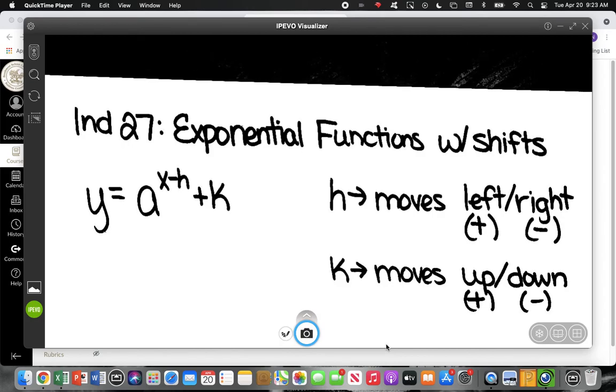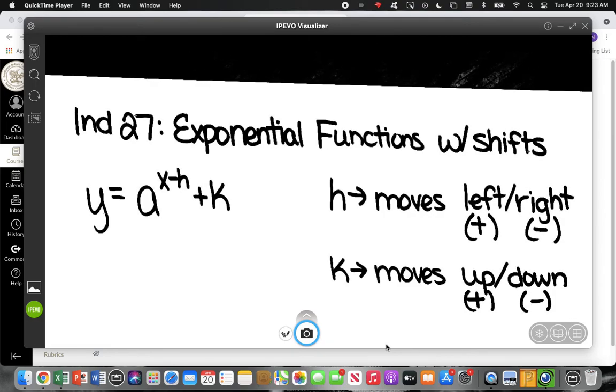But today we're just going to focus on left and right and up and down movement. We've done this with absolute values, we've done this with parabolas, and now we're going to do it with exponentials. So we've done this a lot with the h and k values. Now, we're going to graph today in 3 steps.